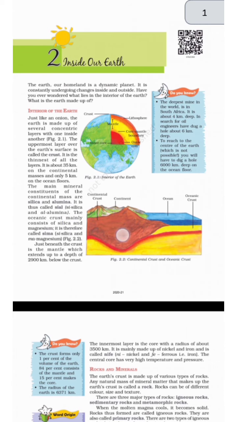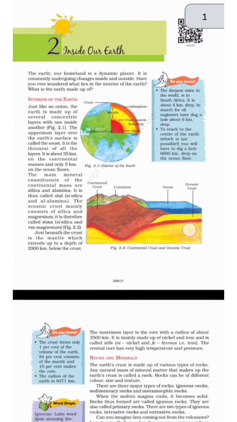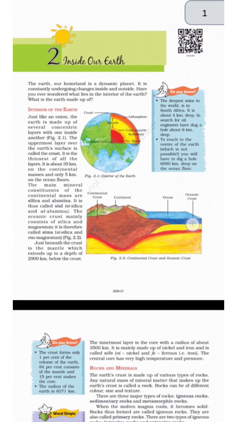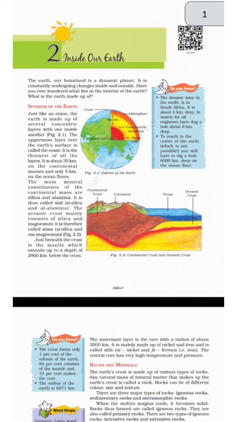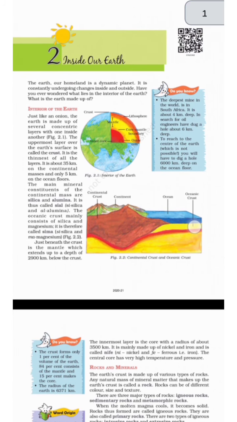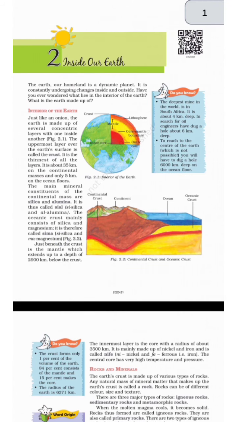And the main minerals present in the oceanic crust are silica and magnesium. In short, it is called SiMa. Si means silica and Ma for magnesium. Okay.